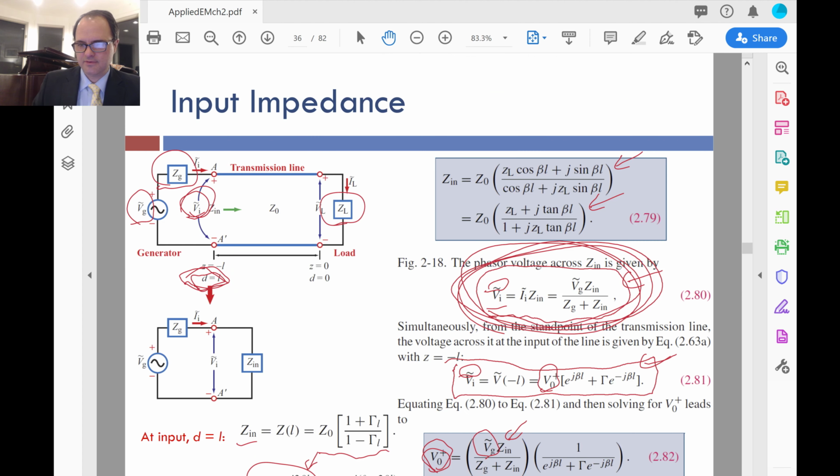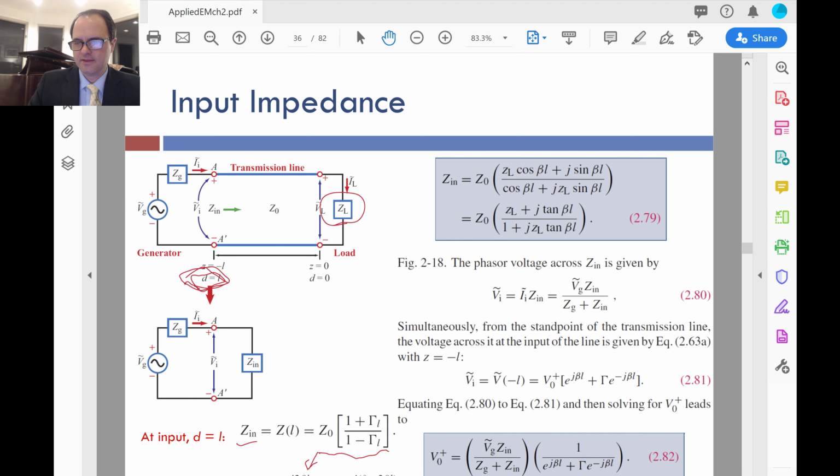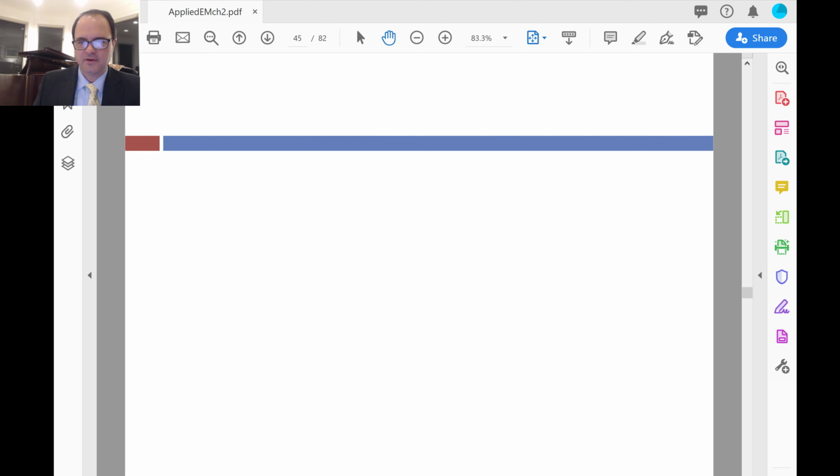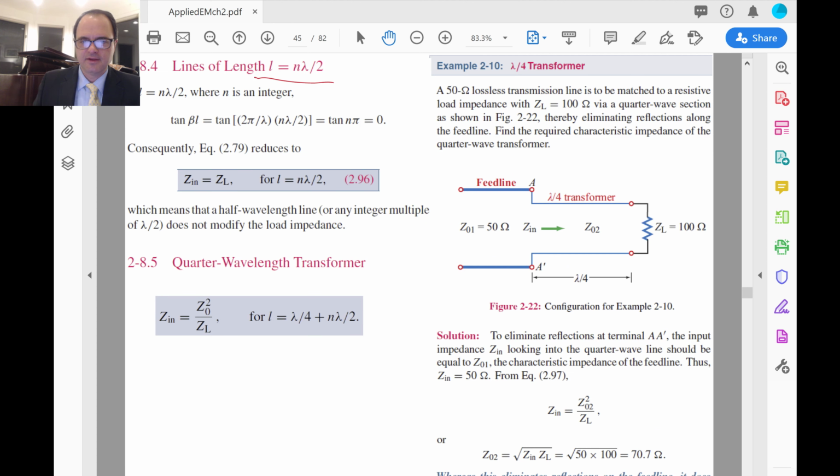Input impedance right here. And so if tangent beta L, if L is always lambda over 2 or lambda, then the tangent is always 0, and you get that the input impedance is always equal to only the load impedance, Z sub L. Okay? So why is this important?